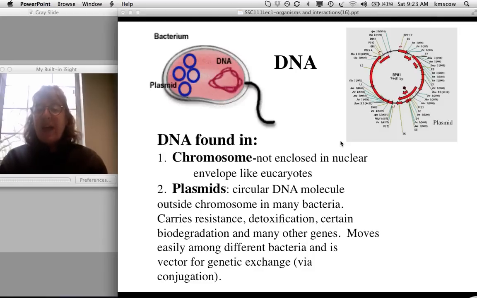So plasmids carry a lot of interesting, useful, and frightening genes. Antibiotic resistance genes often are found on plasmids, and in fact, plasmids are why antibiotic resistance seems to be able to spread so quickly among different groups of organisms.